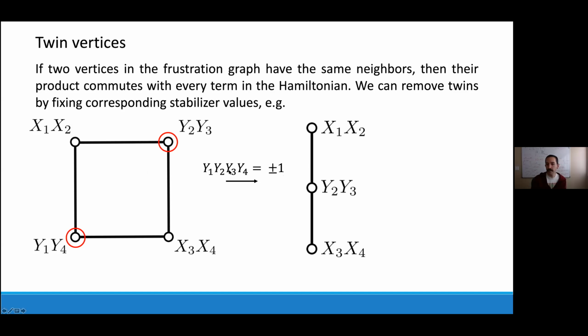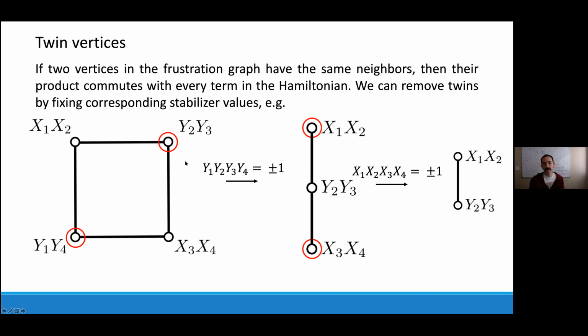So I can assign plus or minus 1 to this product, and then I can delete one of these two vertices, and I'll get a smaller graph once I've fixed a specific symmetry sector and assigned a specific value to that symmetry. And I can iterate this, right? Now x1, x2 and x3, x4 have the same neighborhood, namely y2, y3. So I can assign a symmetry sector eigenvalue to that, and then solve, again, a reduced model.